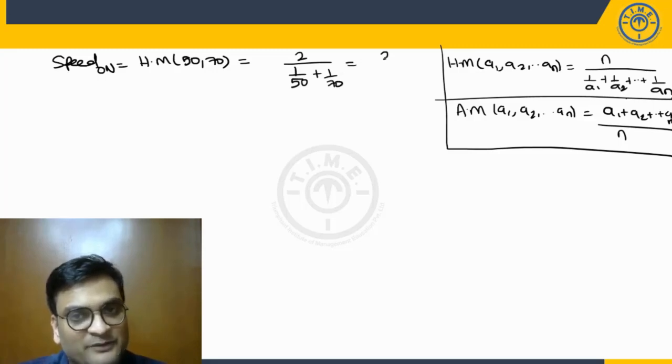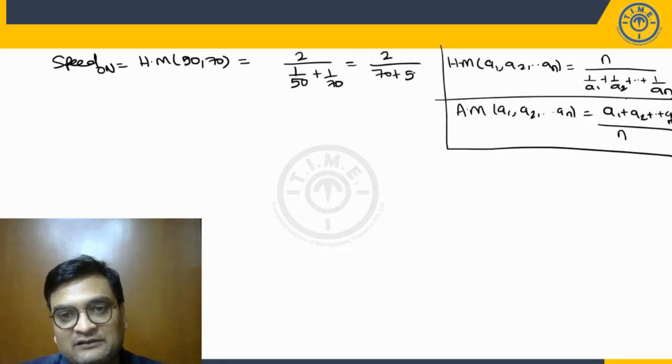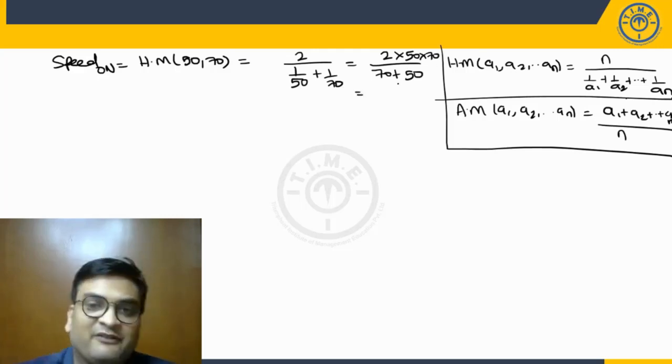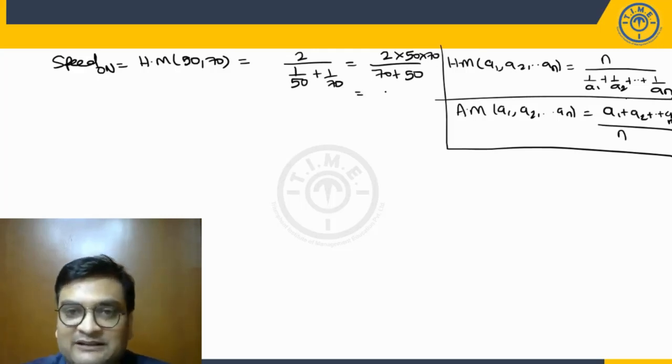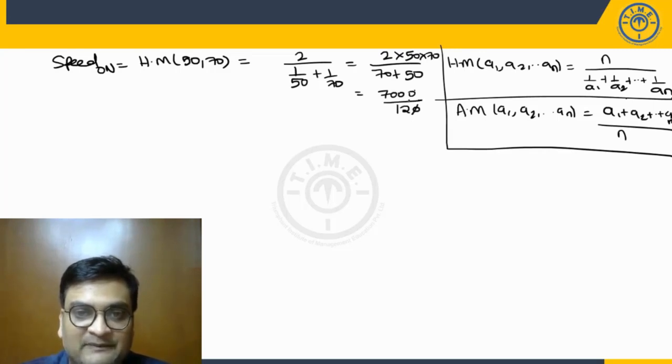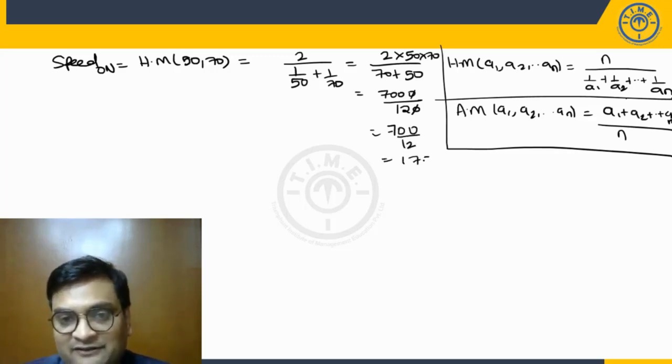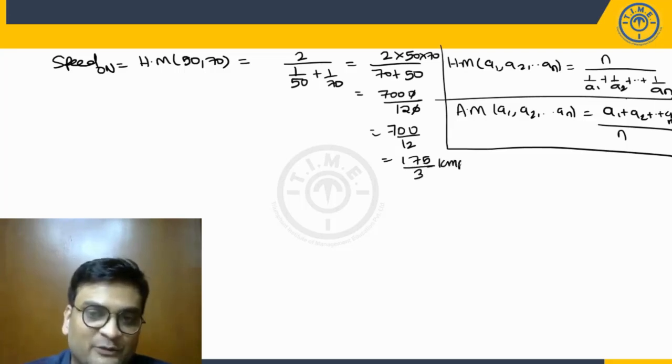When you take the LCM, it's 2 by (70 plus 50) upon (50 into 70). Simplifying, 3500 into 2 is 7000 by 120, so 700 by 12, which can be further simplified as 175 by 3. So this much kilometers per hour is the speed for the onward journey.